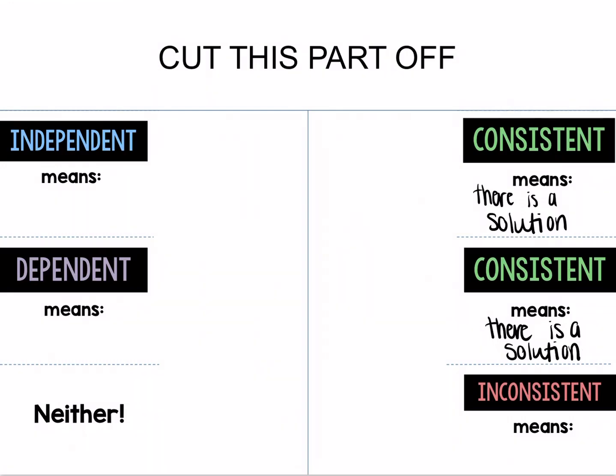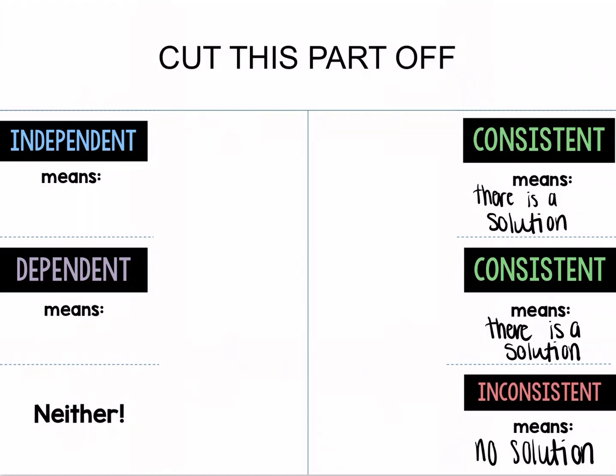That means for a graph that the two lines will intersect. They hit an ordered pair. If it's inconsistent, that means no solution. Again, consistent means there is a solution.